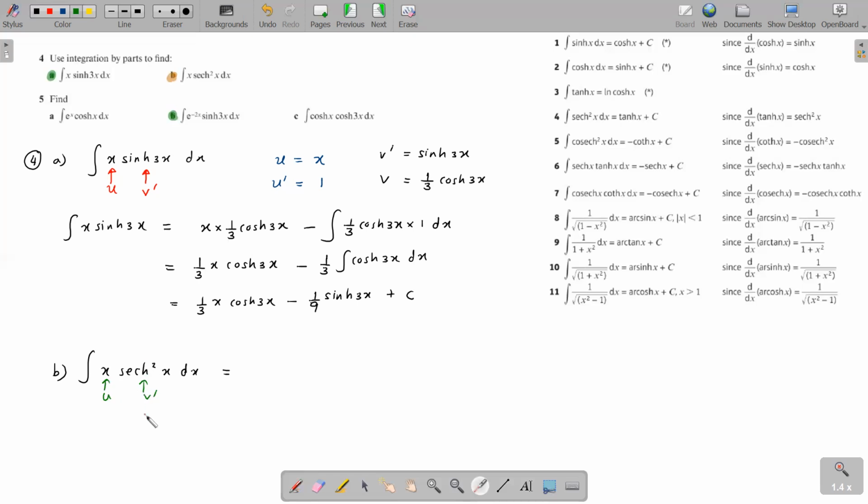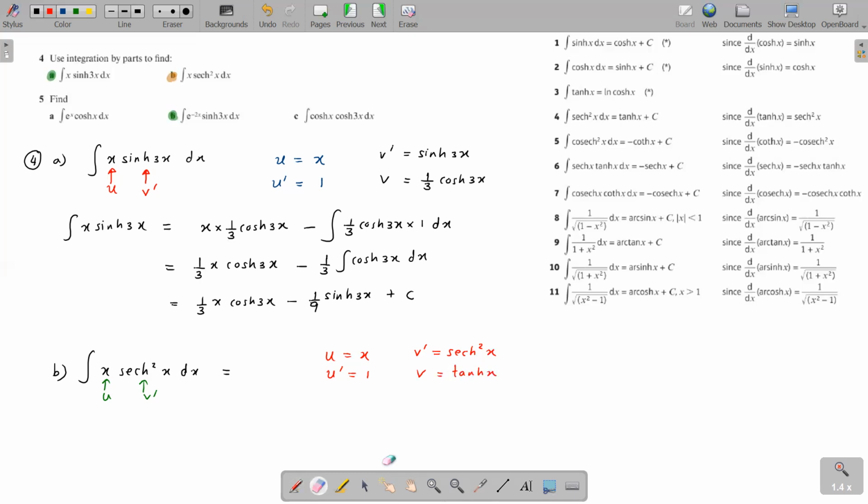When one becomes 0 quickly, the integration finishes really fast. So once again here, my u is x, which means u dash is 1, v dash is sec square x, v is tan x.